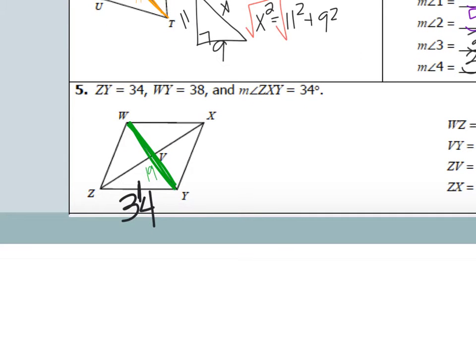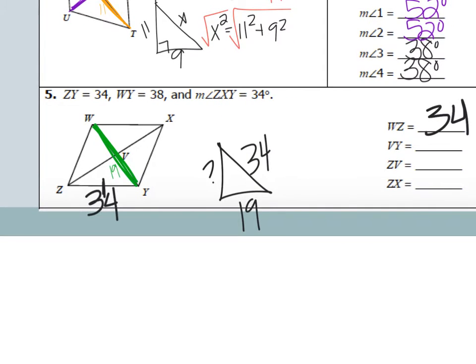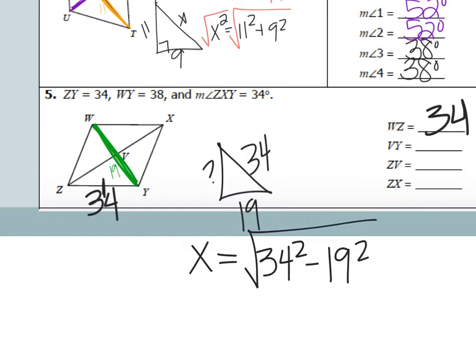Okay. So let's just go ahead and do the Pythagorean theorem just to be safe. 34, 19, this is my missing side. 34 squared minus 19 squared under the square root. So my missing side is 34 squared minus 19 squared under the square root.